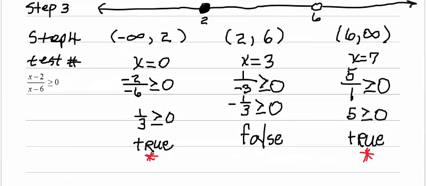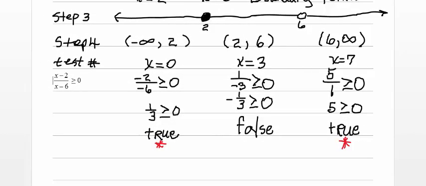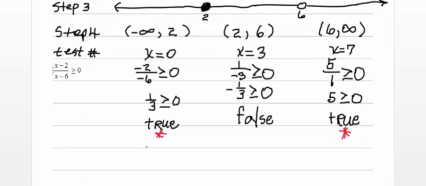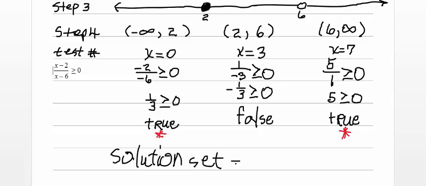And then we remember that the boundary point 2 is part of the solution set, but the boundary point 6 is not, because it makes the rational expression undefined. So the solution set of this inequality are all of the numbers less than 2, including 2.